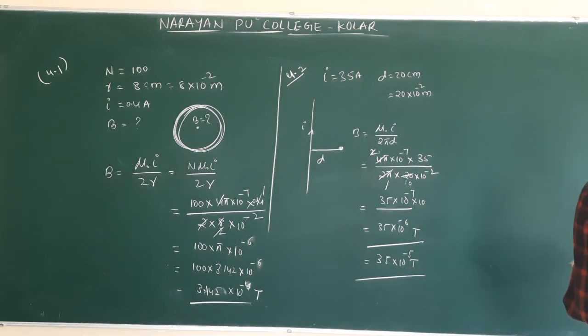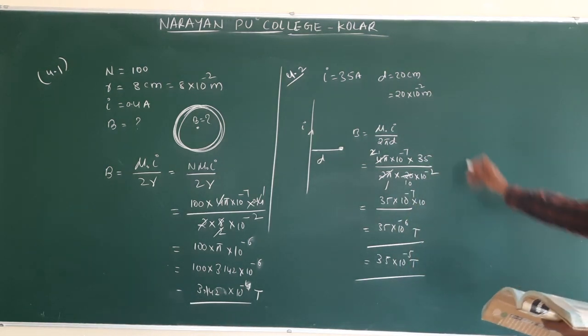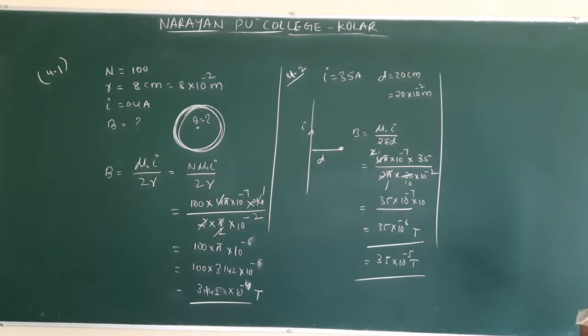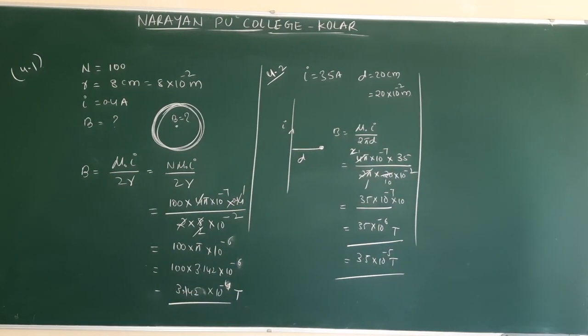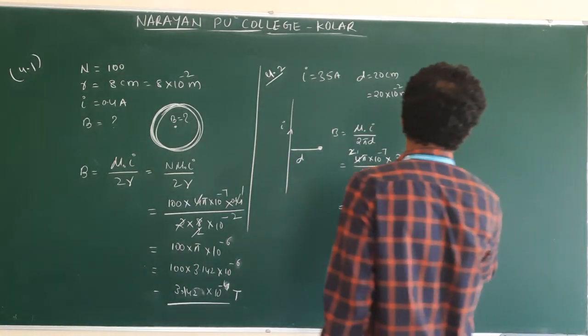Now come to the third question. A long straight wire which is in the horizontal plane carries a current of 50 ampere in a north to south direction. Give the magnitude and direction of B at a point 2.5 meter east of the wire. Clear?